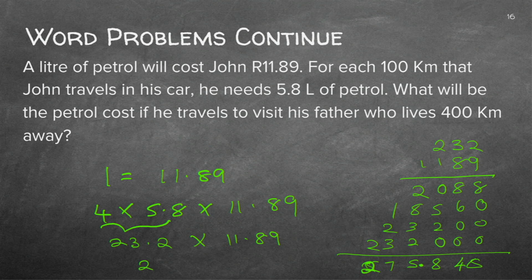So it will cost 275.848, so we can make it 85. We can round it off, right? So what will the petrol cost if he travels? It will cost him 275 rand and 85 cents.